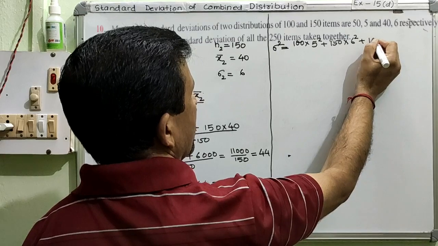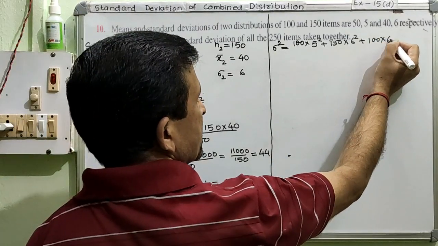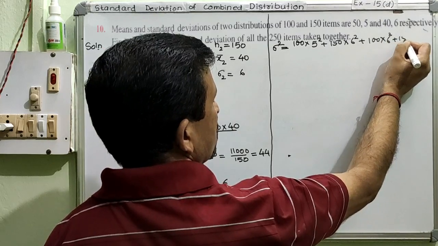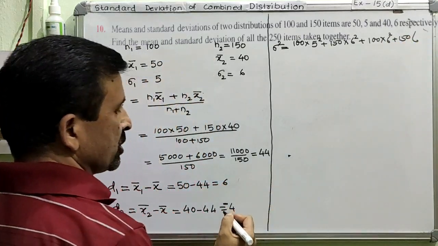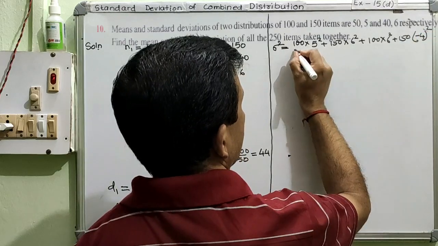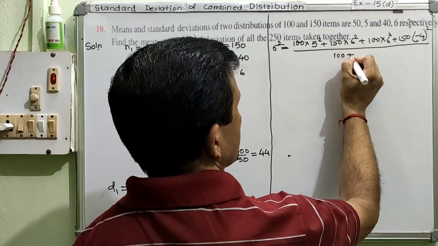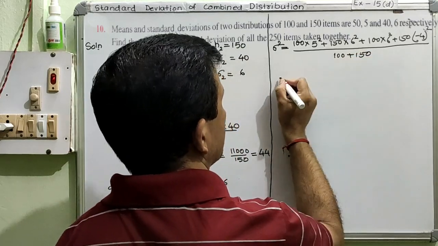Then again n1 into d1 square, that is 6 square, plus n2 into d2 square. d2 is negative 4, so negative 4 square, divided by 100 plus 150.